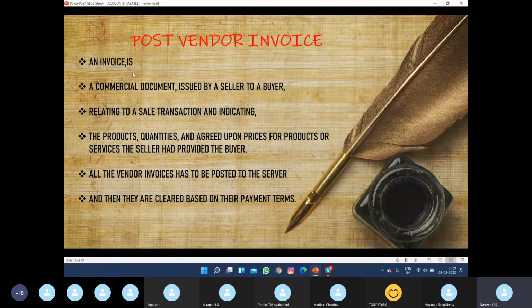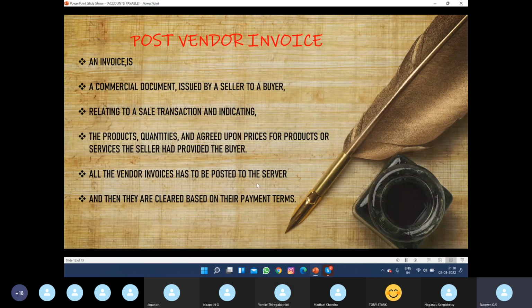This invoice contains all the details relating to the sale transaction, indicating products, quantities, and agreed upon prices for the products or services the seller had provided to the buyer. Which means all the transactions and agreements that took place between the vendor and the buyer are stated in this invoice.